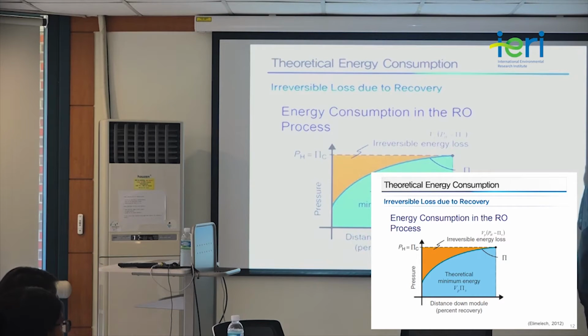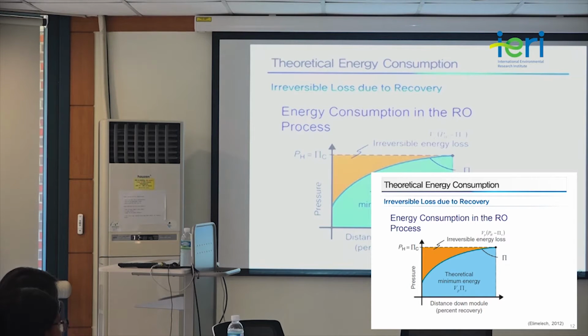The reverse osmosis membrane system is when we have the feed, which is the seawater, and when we let this feed solution pass through this membrane vessel, we'll have the permeate water, and finally we'll have this brine from this vessel.